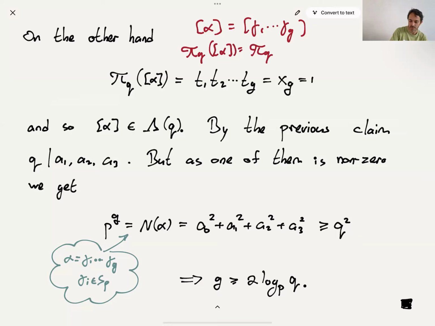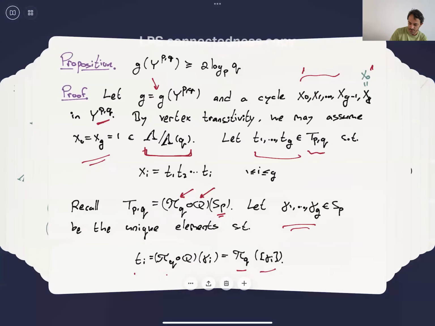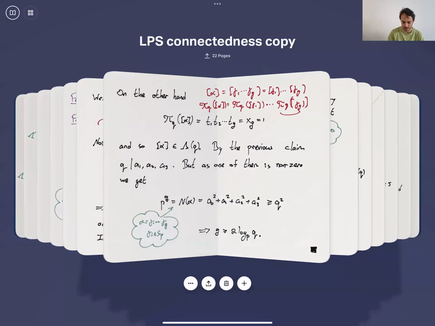It's a homomorphism, so you apply pi q to each of the terms, which gives T1 up to Tg. And that's the definition of T, right? T is pi q of gamma.